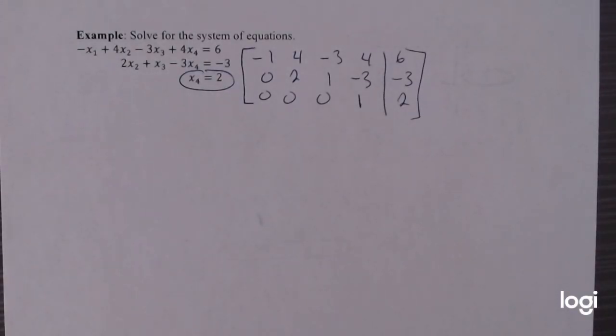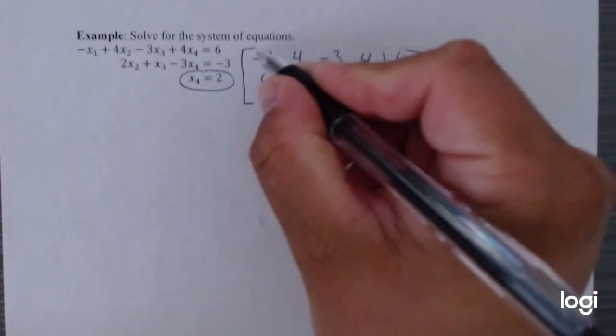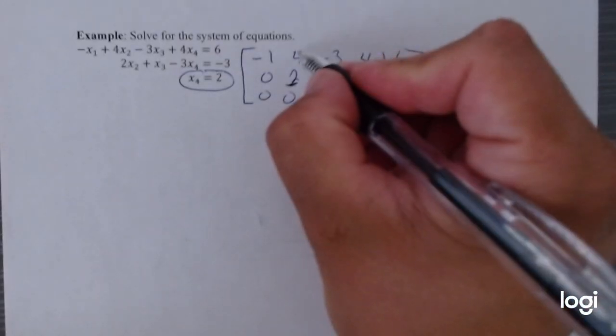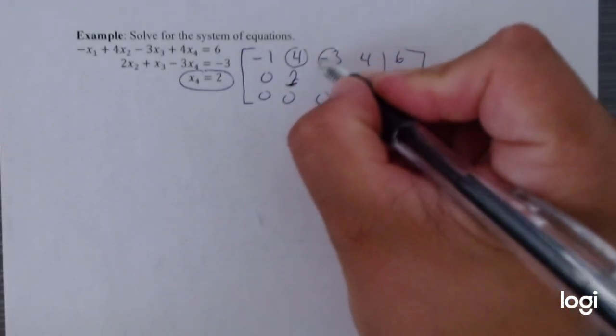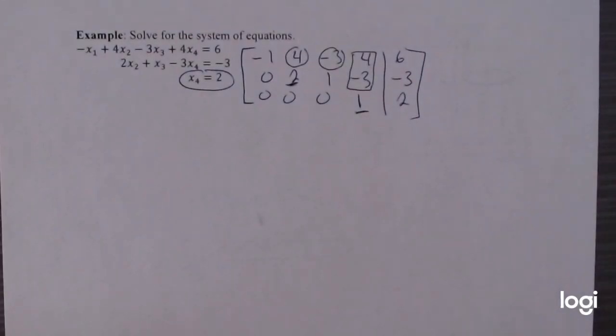Okay, so now we just have to row reduce it. Now remember, it's not completely row reduced. We do have the numbers in front and going down the diagonal with a bunch of zeros, but we have this being a problem, that being a problem, and those being problems. So those are the ones we gotta fix.